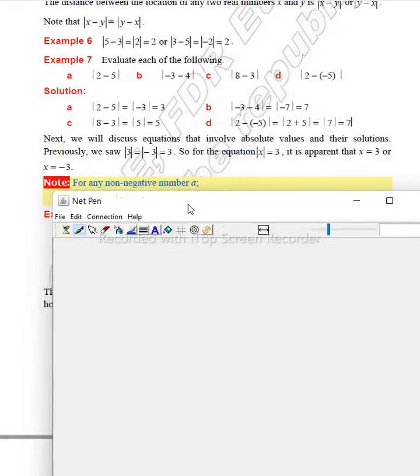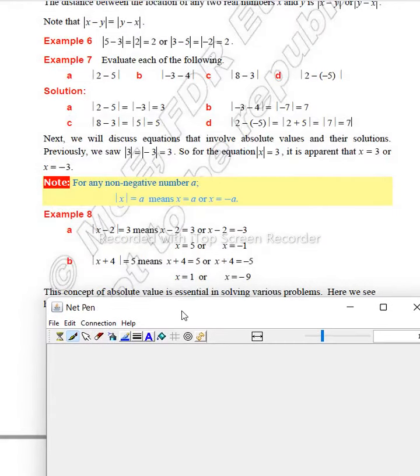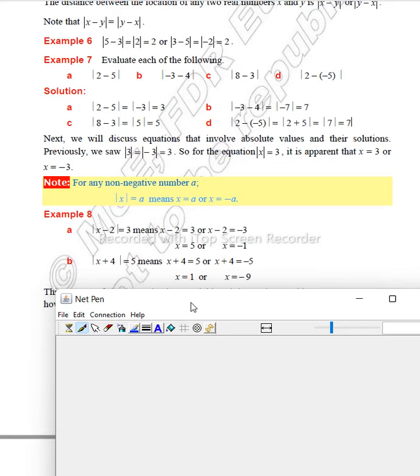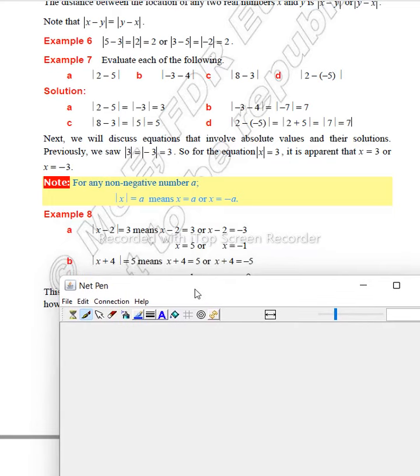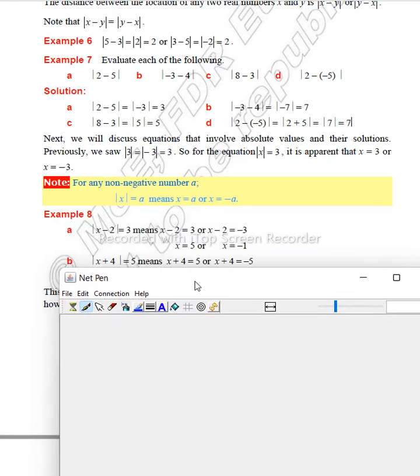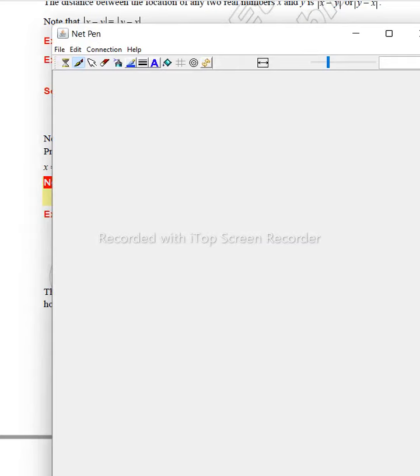Let us do the second example. Absolute value of x plus 4 is equal to 5. Let us do this with the same formula. x plus 4 is equal to 5.